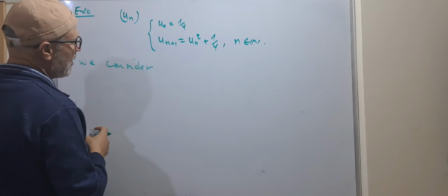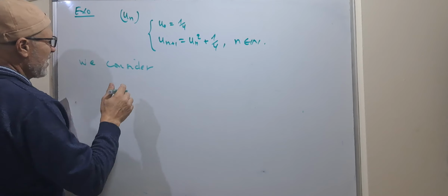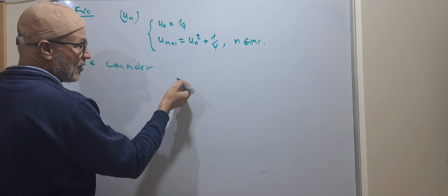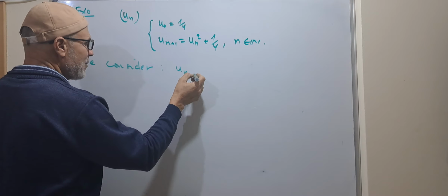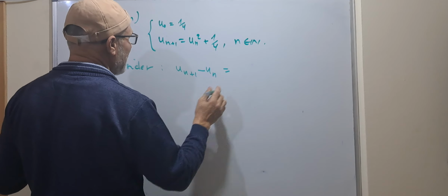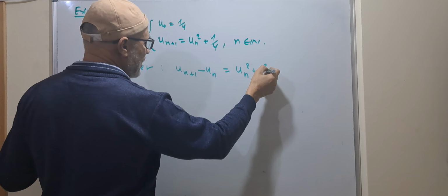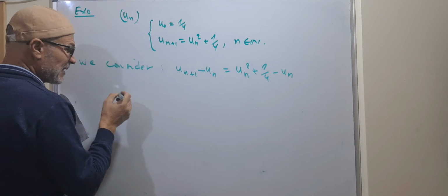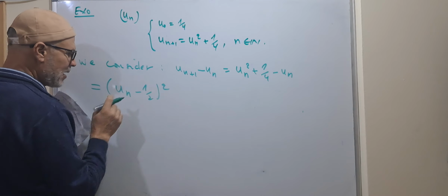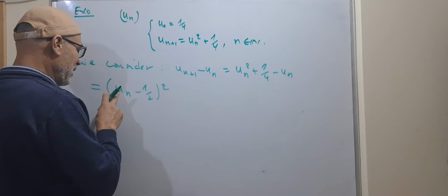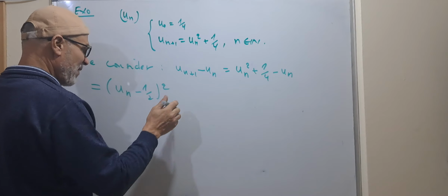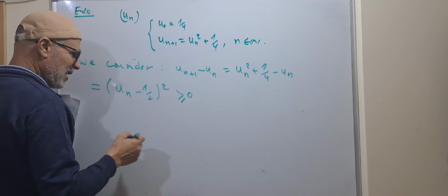To show that it is increasing or decreasing, non-increasing or non-decreasing, we consider the difference between the successive terms U(n+1) and Un, which is equal to Un square plus 1 over 4 minus Un. Actually, this difference is equal to (Un minus 1 half) square, since Un square minus Un plus 1 quarter, which is greater than or equal to 0.